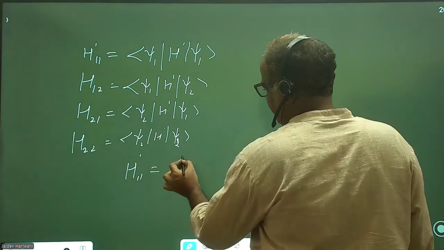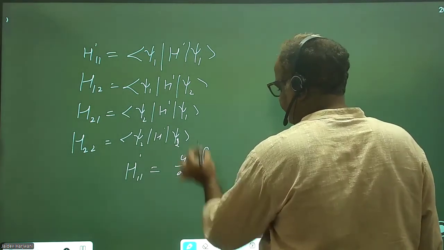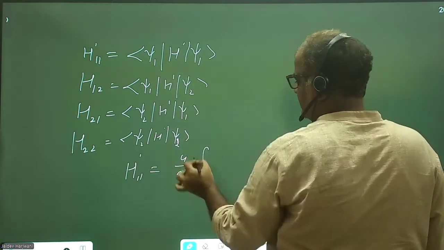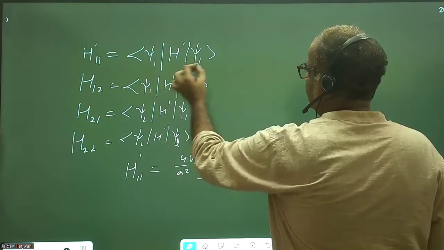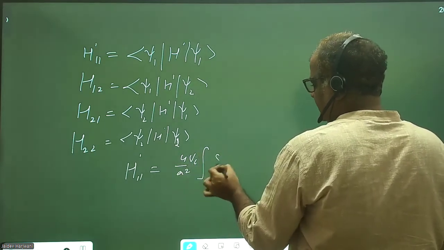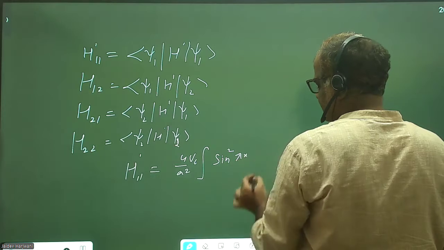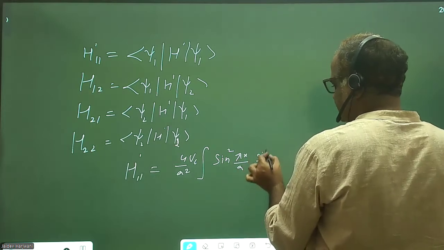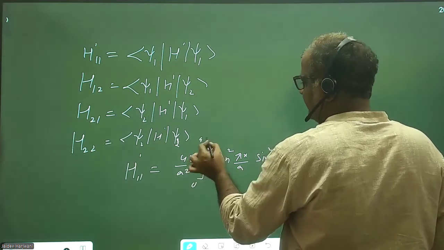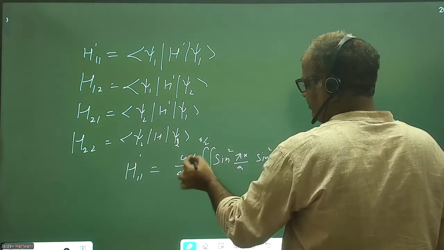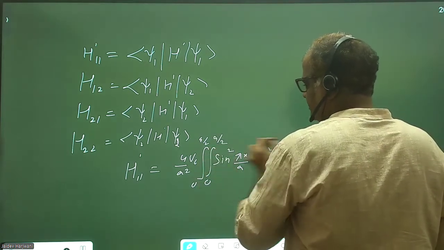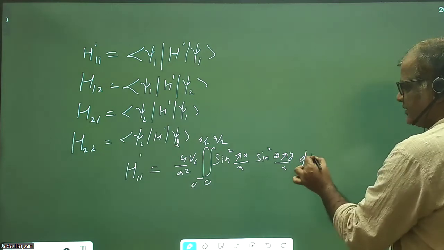We can write 4 upon a square, and the perturbation is V naught, and then psi1 square. So 4 by a square we take out, and this becomes sine square pi x by a and sine square 2 pi y by a, and the limit is 0 to a by 2, because the perturbation is 0 between a by 2 to a. So we have to only solve the integration between 0 to a by 2.